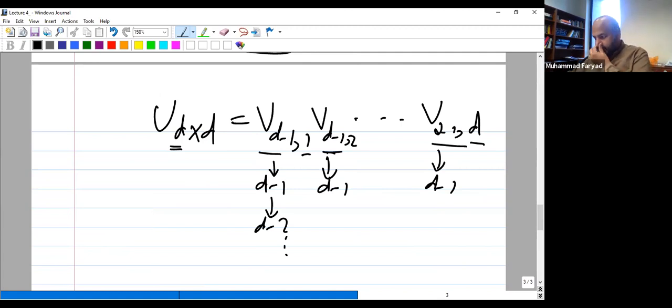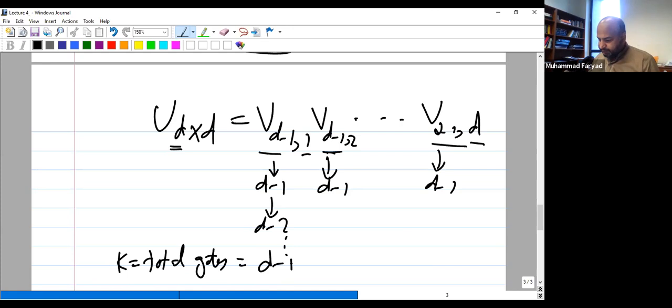So at the end, we will have a total number of unitaries, let me write the total number of gates: D-1, and then D-2, all the way to 1.